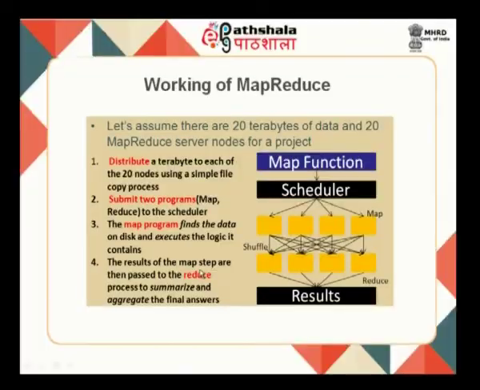The application of logic over the data will result in various answers. These answers are going to be intermediate answers. So, such intermediate answers or results need to be combined together. For this purpose, the second program, which is the reduce program, will take all the intermediate results, combine or aggregate them, and then summarize them.